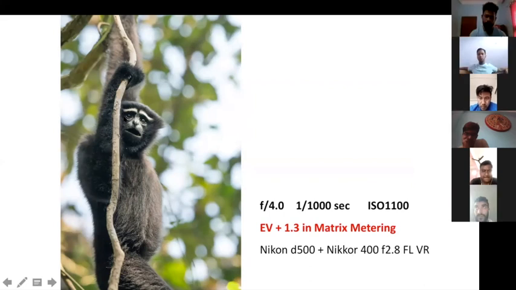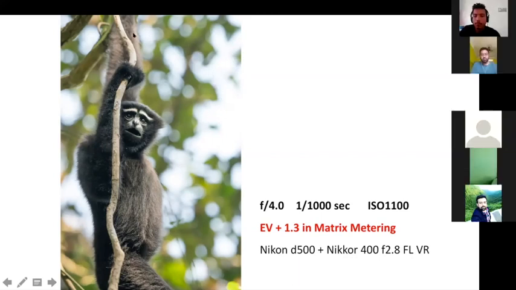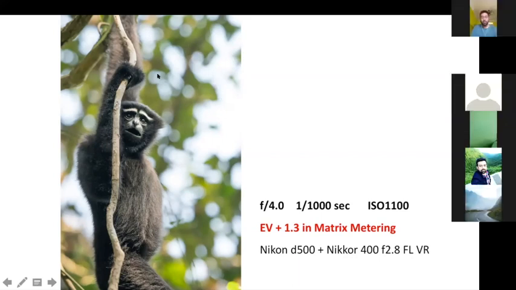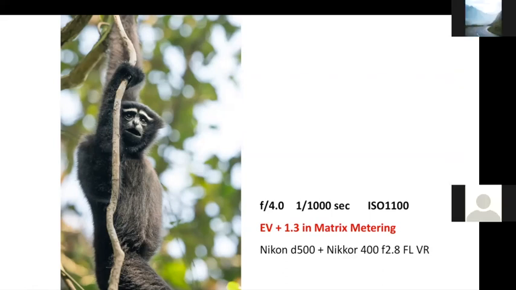If I let the camera set this exposure, it will again apply that 18% gray rule, and it will make this gibbon darker in order to get the average detail on the background as well. So that's why we have to override it towards the positive side.